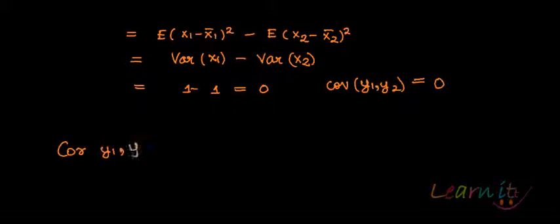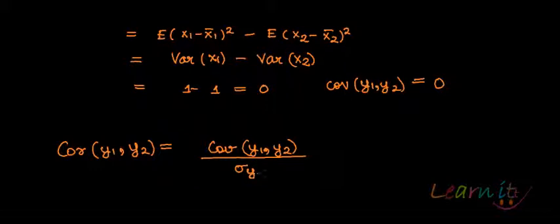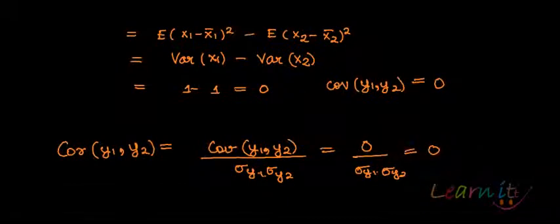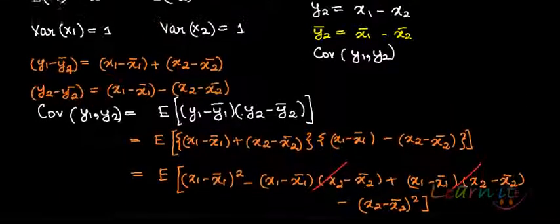It would be given by the covariance of y1, y2 upon the standard deviation of y1 into the standard deviation of y2. But this will be 0 upon the standard deviation of y1 into the standard deviation of y2. You do not even have to calculate the standard deviations of y1 and y2, because your numerator is 0 and hence the correlation coefficient is also 0. Is that right?